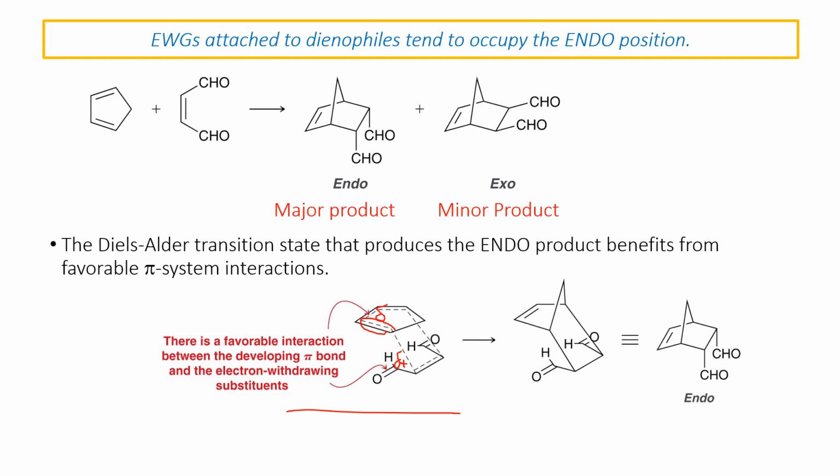This interaction realizes a click, where once the chemical reaction occurs, i.e. the pericyclic, the position that those groups are in is endo.